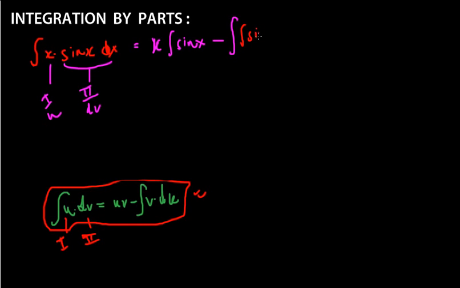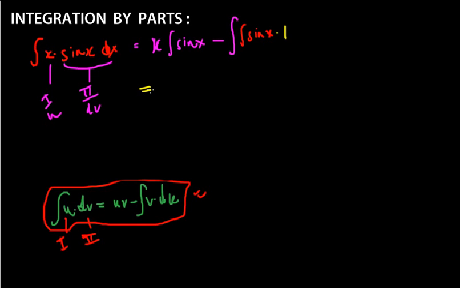It's a little messy. You can do this in your head if you want. It's just for educational purposes. Okay, this is the integral of v, which is the integral of sine of x times du. Now du is the differential of x, which is 1. So that's times 1.